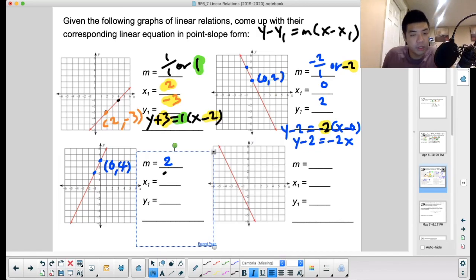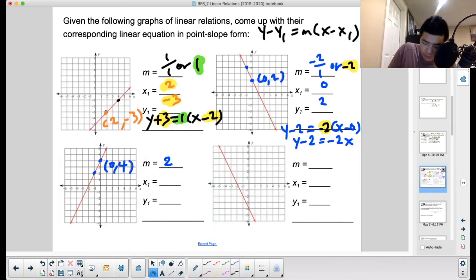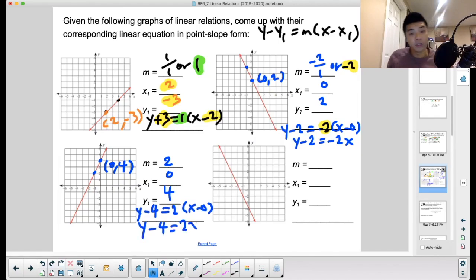So you've got 0 and 4. And that will give us a linear equation of y minus 4 is equal to 2 times x minus 0. Or if we want to simplify fully, y minus 4 is equal to 2x.